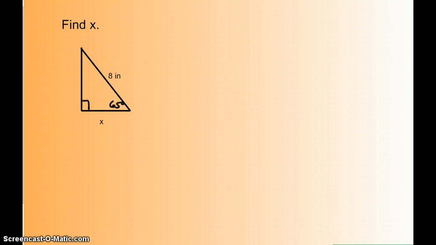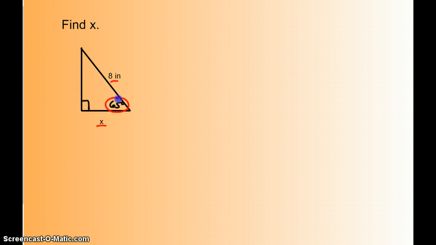We look at our information that's given to us. We have an angle and two sides that we're working with. We know one side, we're missing the other. So when I look here, from my angle, that's always our critical starting point. We go from the angle and see what information we have.